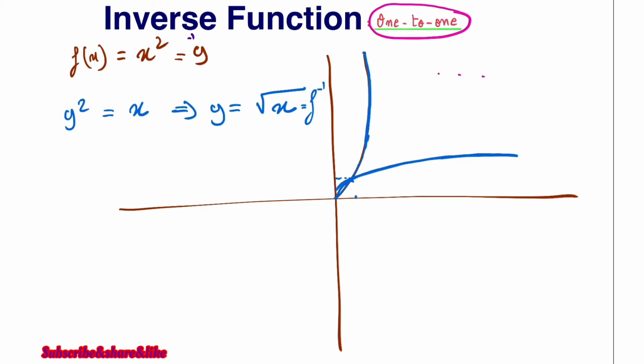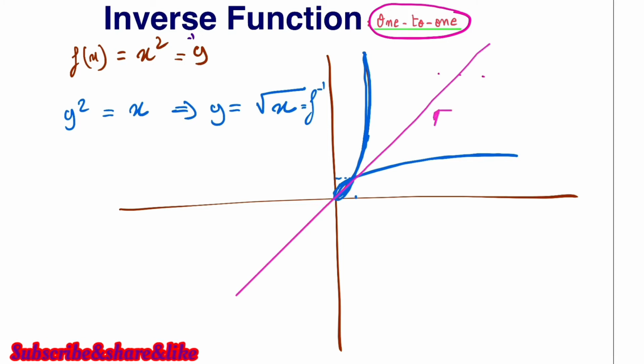And to test the inverse function with the real function, they have to be symmetric about this line here. This line is the line of symmetry, y equals x, the axis of symmetry all the time.